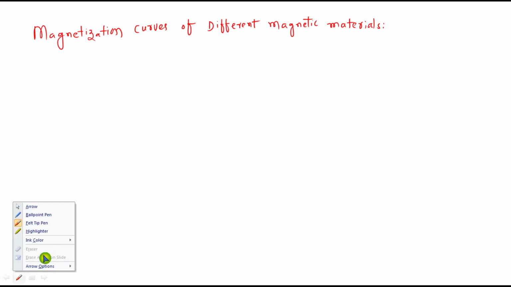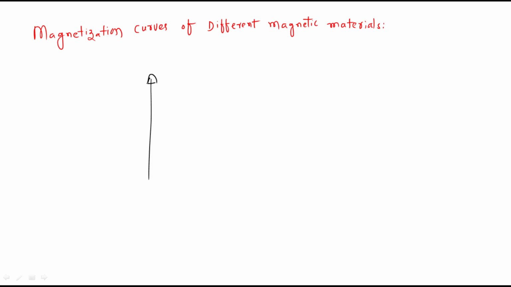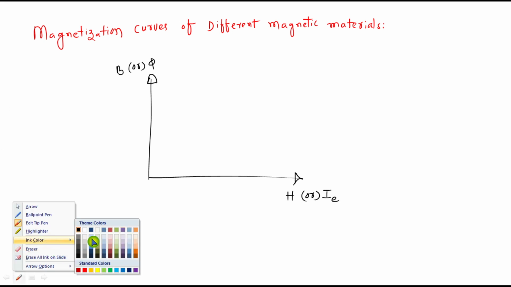Let us say on the y-axis we have magnetic flux density or flux. On the x-axis we have magnetic field intensity or excitation current.